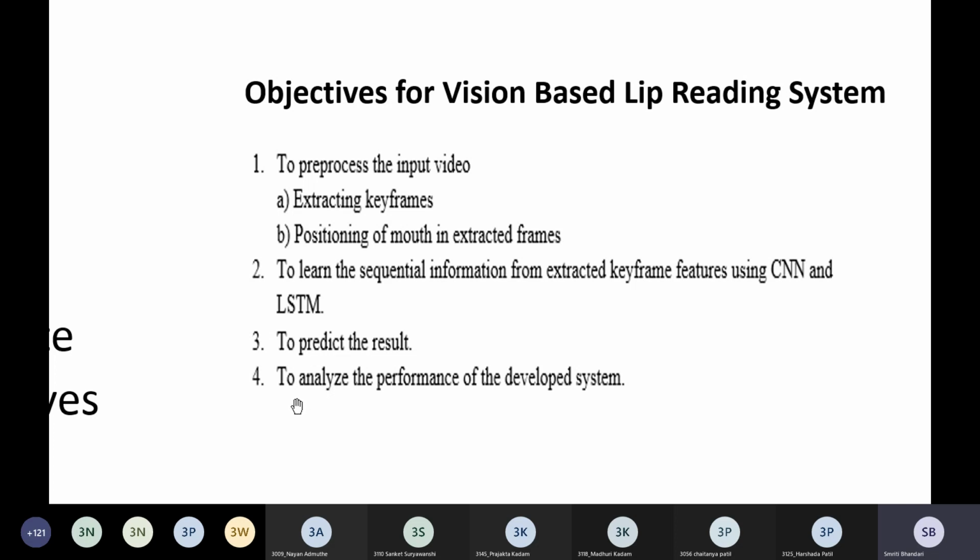Whatever we build, whatever we develop, whatever we implement, we should analyze how that system behaves, how correctly the system is giving us the results. So the fourth objective that has been written here is to analyze the performance of the developed system.